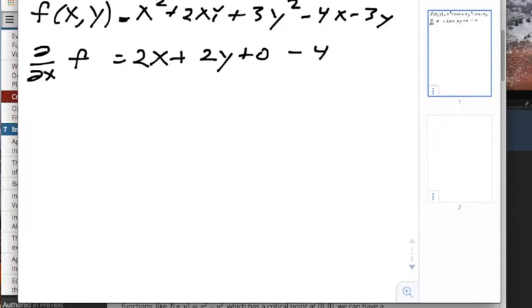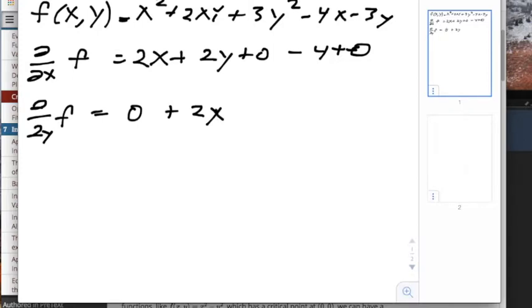The derivative of minus 3y is 0. Similarly, I can take the derivative with respect to y of f, and I'll get 0 plus 2x plus 6y minus 3. And now I would like to have both of those equal to 0 at the same time.